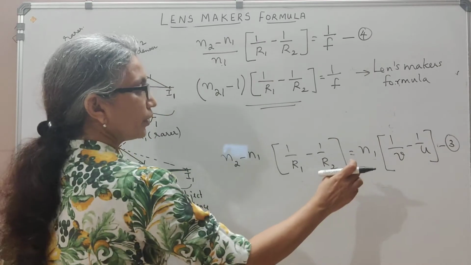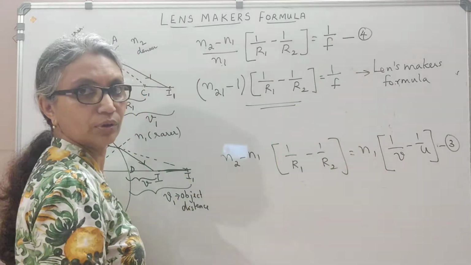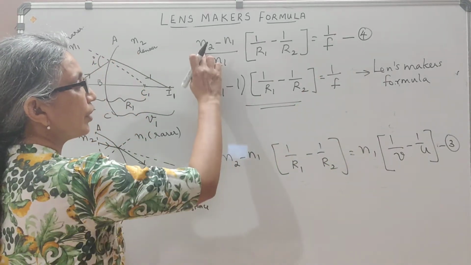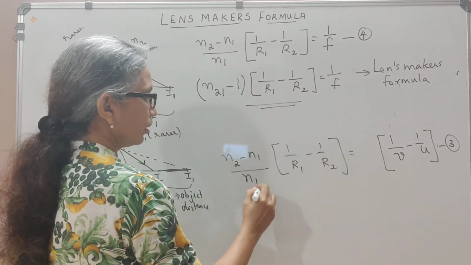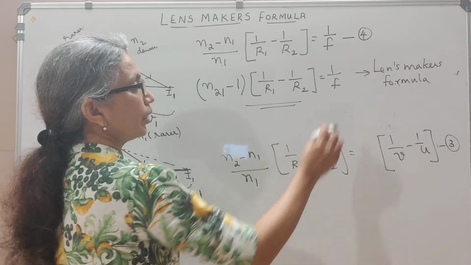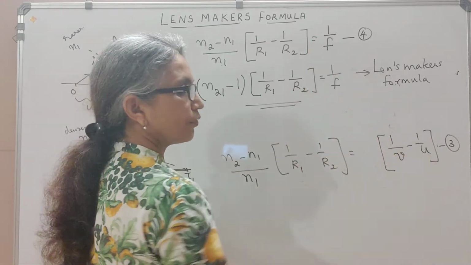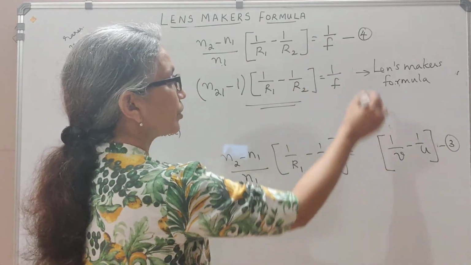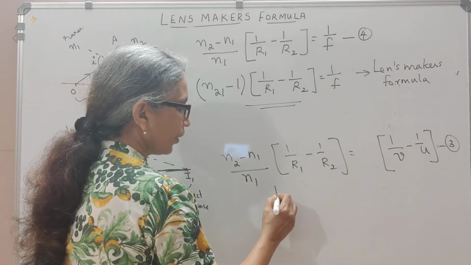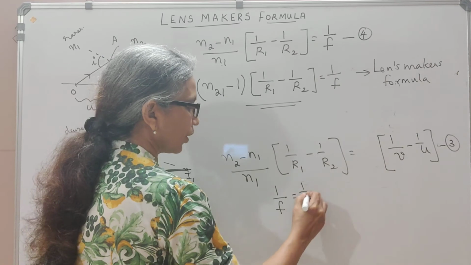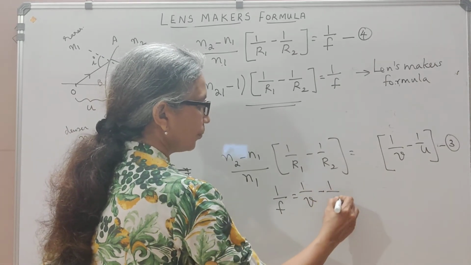Now if you compare this equation 3 with equation 4, you will see on the left hand side we have N2 minus N1 by N1 into 1 by R1 minus 1 by R2, which is 1 by F, which is 1 by V minus 1 by U. So from equations 3 and 4 you can get your thin lens formula, where 1 by F is equal to 1 by V minus 1 by U.